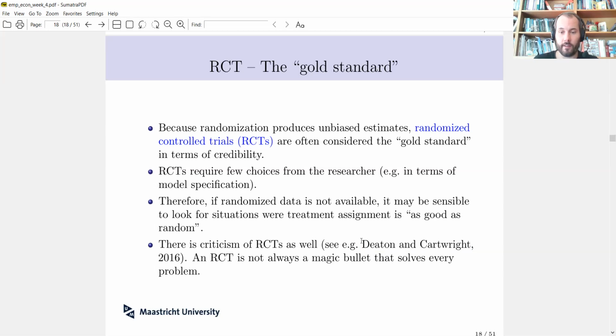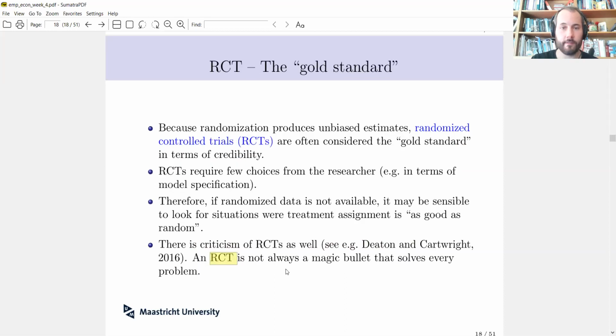Angus Deaton is pretty well known, he also is a Nobel laureate. The argument is pretty much that an RCT is not simply a magic bullet that solves every problem. Simply having something unbiased by running a randomized controlled trial in Kenya does not mean that taking the same idea and moving it to South America or maybe to Europe will also work.